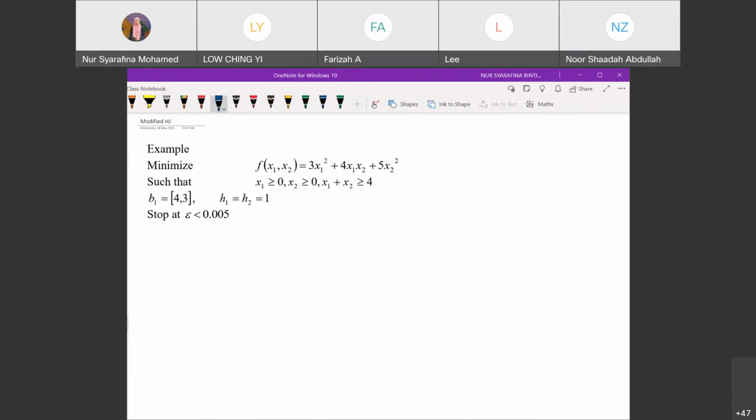So when B1 is 4, 3, what is your F(B1)? 141.